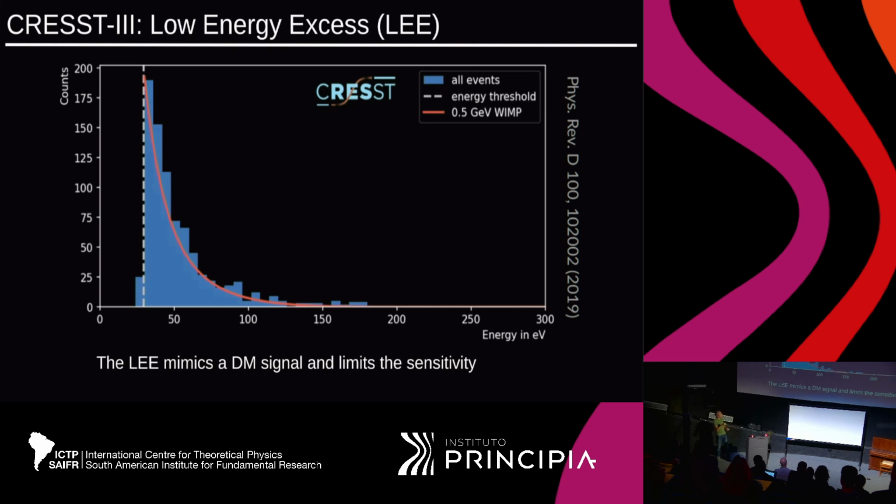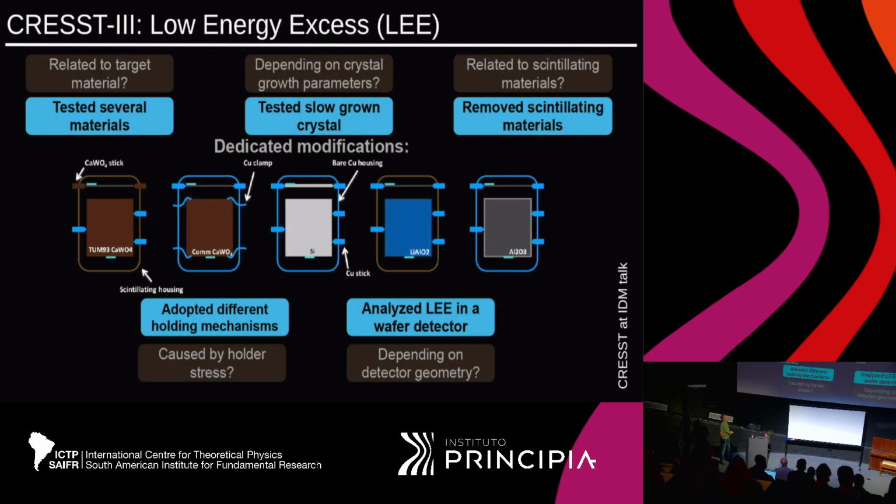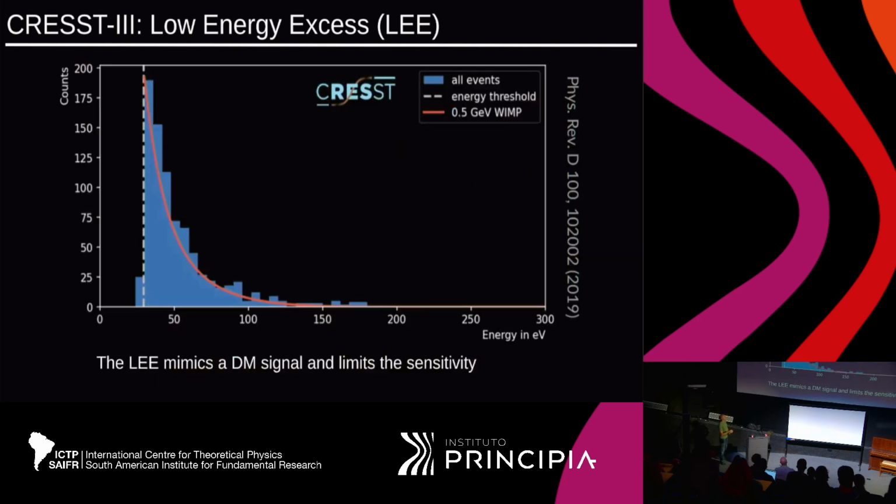For other reasons, they are not claiming that this is a discovery of dark matter, but it really limits your science reach. And they know that this is not dark matter because of many reasons, but I'm going to discuss that later on.